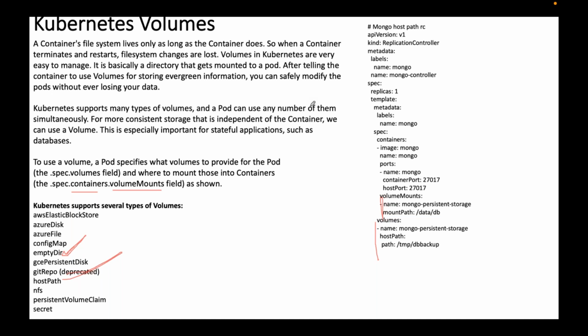Deepak is asking, where do we maintain the manifest files? Basically, Kubernetes manifest files are also kind of source code. The way you maintain a Dockerfile and your source code, you will maintain your Kubernetes manifest files as part of your SCM, the source code repository.